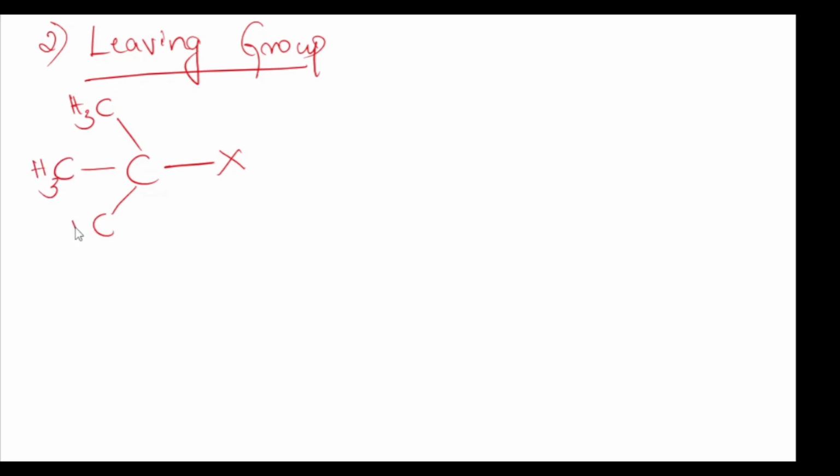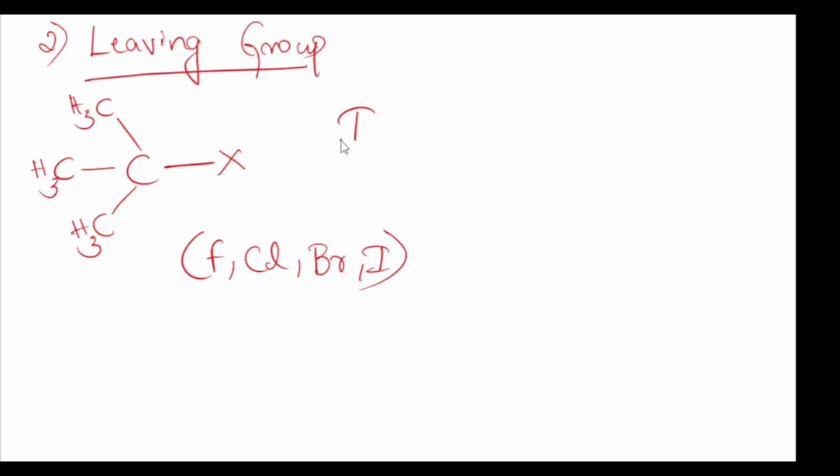Now X can be anything. If it is a halogen, it can be fluorine, chlorine, bromine or iodine. If we add iodine, what is the rate, and if we add fluorine, how does the reaction change? Which is the best leaving group here?